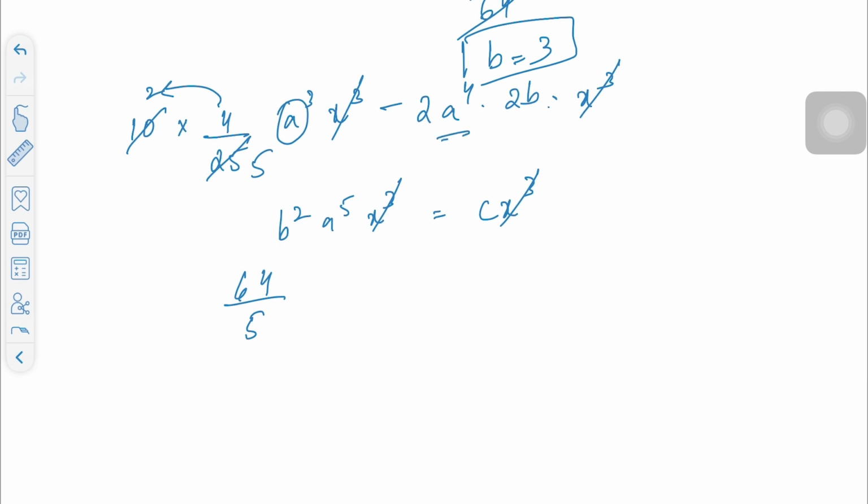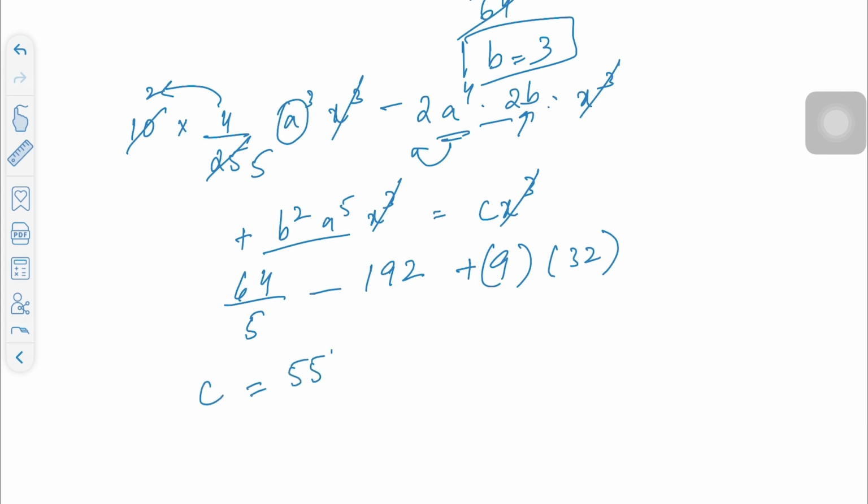Since a is 2, 2 to the power 4 is 16, 16 multiplied by 2 is 32, and 32 multiplied by 2 is 64, and b is 3, so 64 multiplied by 3 is 192. This would be negative, and then this would be positive, which is b squared is 9, and our a to the power 5 is 32. So when we solve this, we get our c as 554 over 5, right?